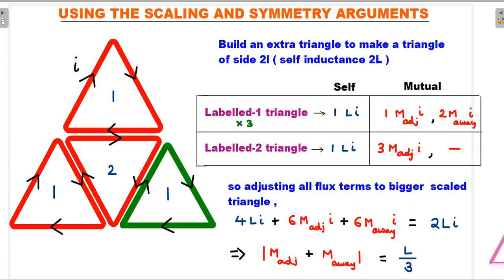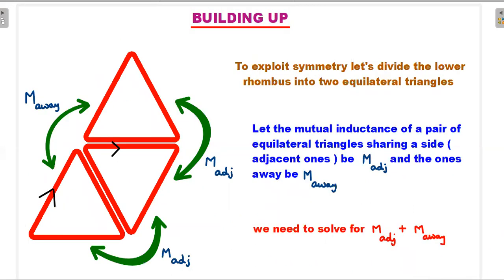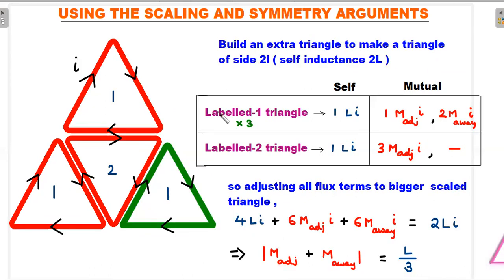So keeping that also in mind, you realize that there was one more question that was asked. That was the self-inductance of the rhombus itself, only the rhombus part, is it more than 2L or less than 2L? You can go ahead with the same logic and say that the self-inductance terms will add up, that is 2L, but the mutual inductance terms will actually subtract because M's oppose L's in these two triangles.